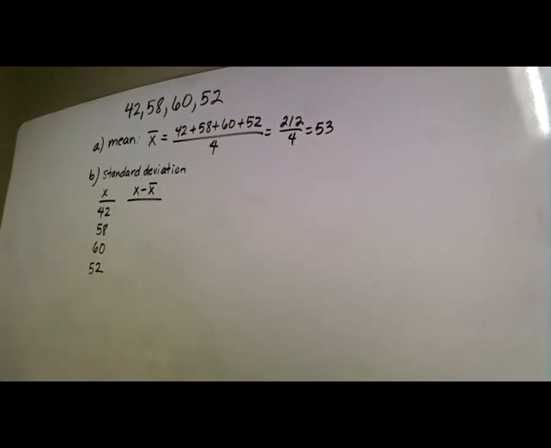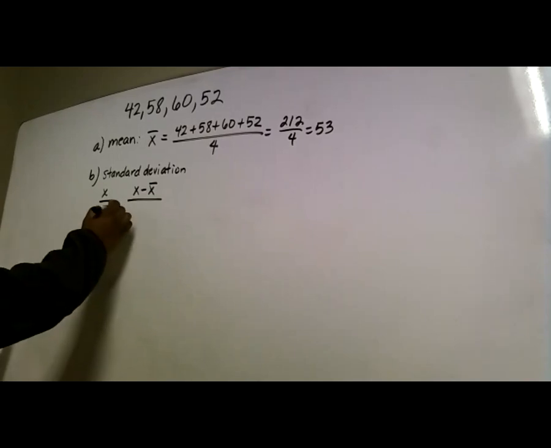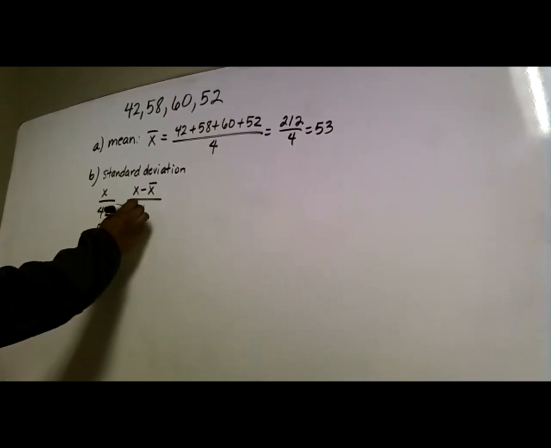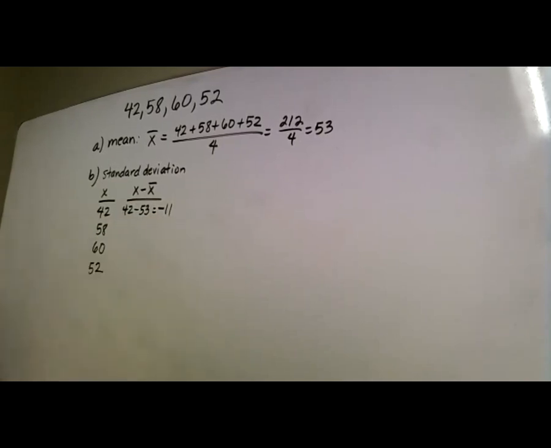In this case, the mean is 53. My first X value is 42. So if I do 42 minus 53, I'm going to get negative 11.